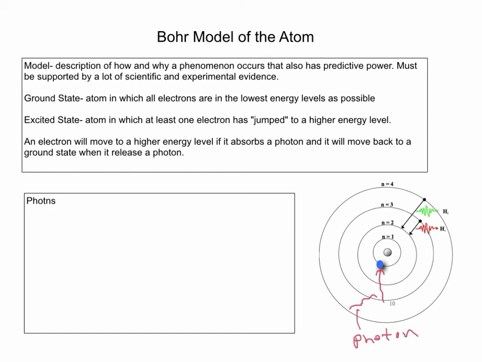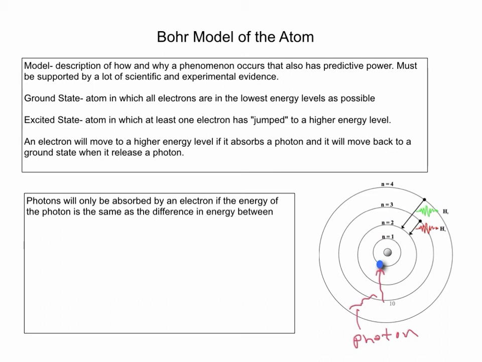Photons will only be absorbed by an electron if the energy of the photon is the same as the difference in energy between energy levels.